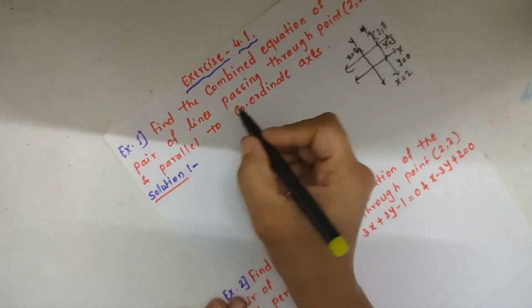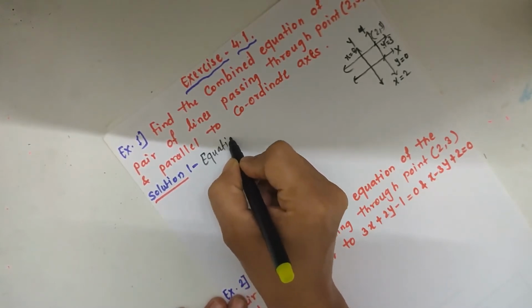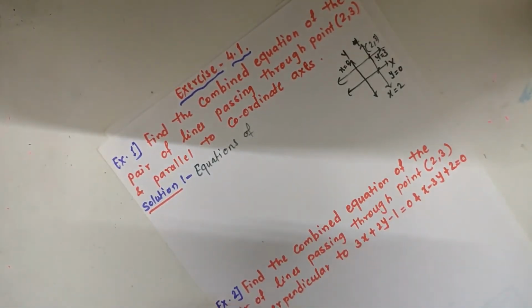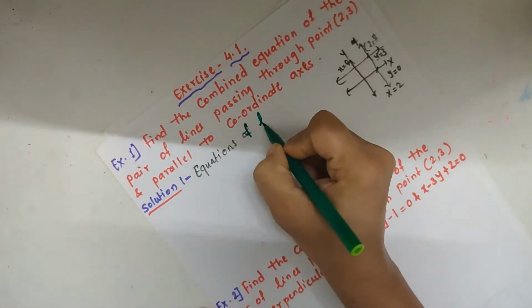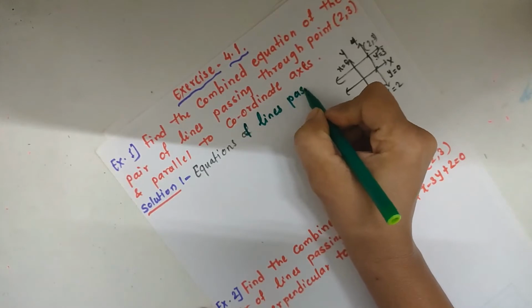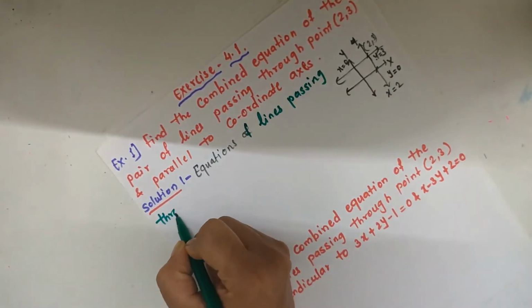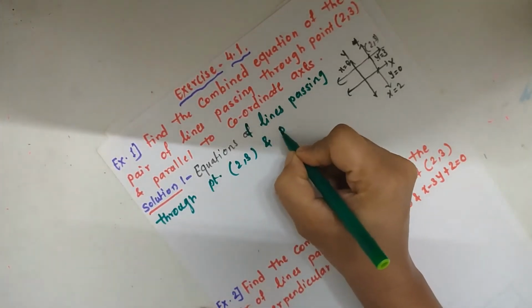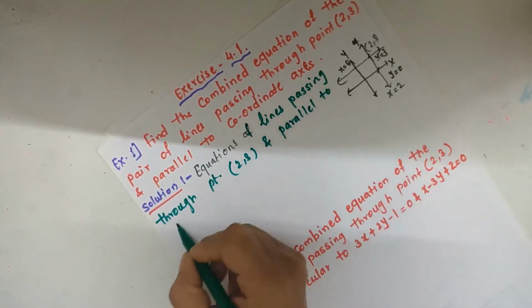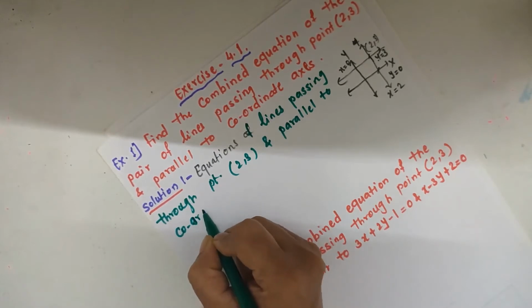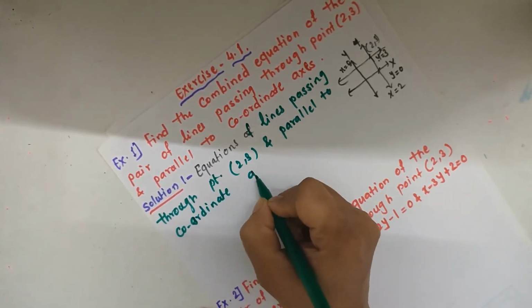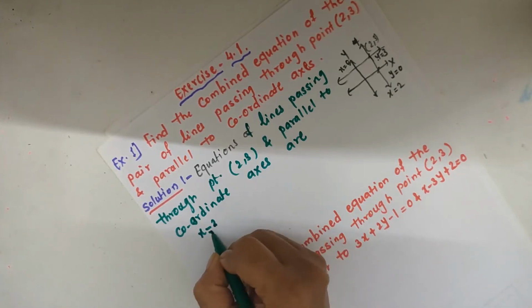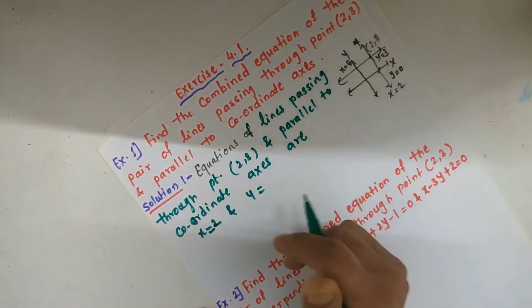So let the equations of lines passing through the point 2, 3 and parallel to the coordinate axes be x is equal to 2 and y is equal to 3.